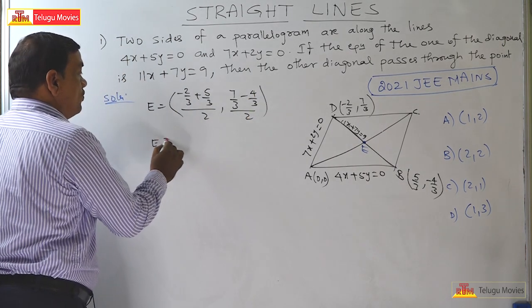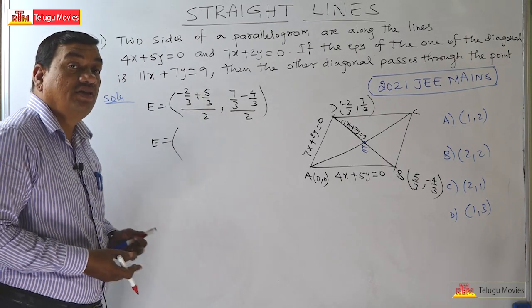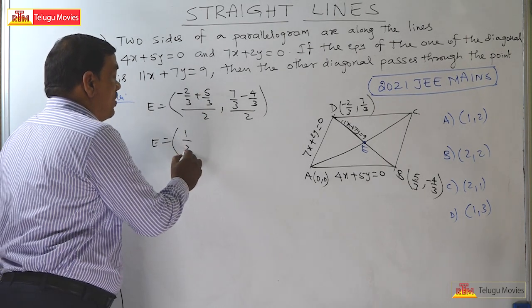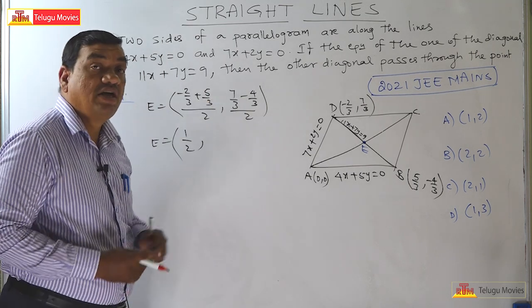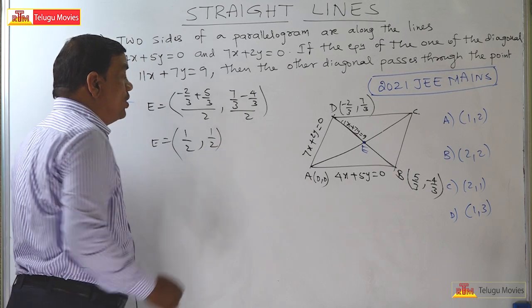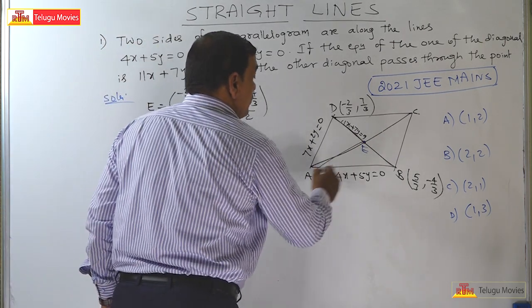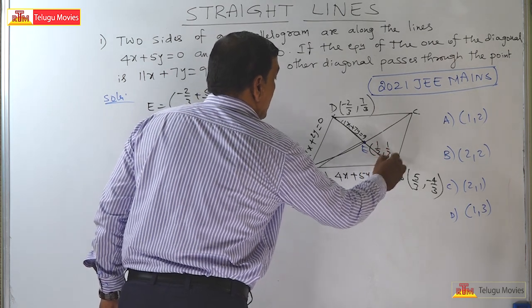Minus 2 plus 5 is 3, 3 upon 3 is 1, so 1 by 2. And 7 minus 4 is 3, 3 upon 3 cancels, so 1 by 2. We got the coordinates of E: 1 by 2 comma 1 by 2.